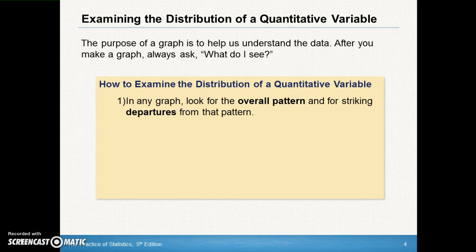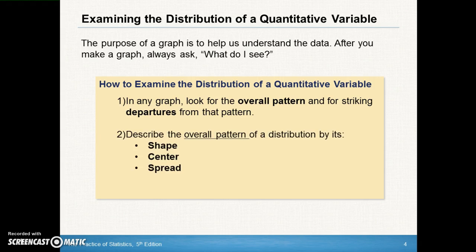In any graph, you're looking for the overall pattern and for striking departures from that pattern. We describe the overall pattern of a distribution by its shape, its center, its spread, and then the outliers are the departures from the pattern.